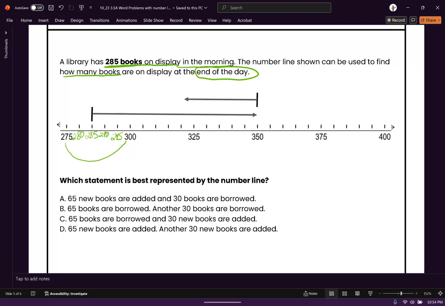So here we have 285. We're going to count 5 marks because 5 is what we can do easy. So we have 1, 2, 3, 4, 5. 1, 2, 3, 4, 5. 1, 2, 3, 4.